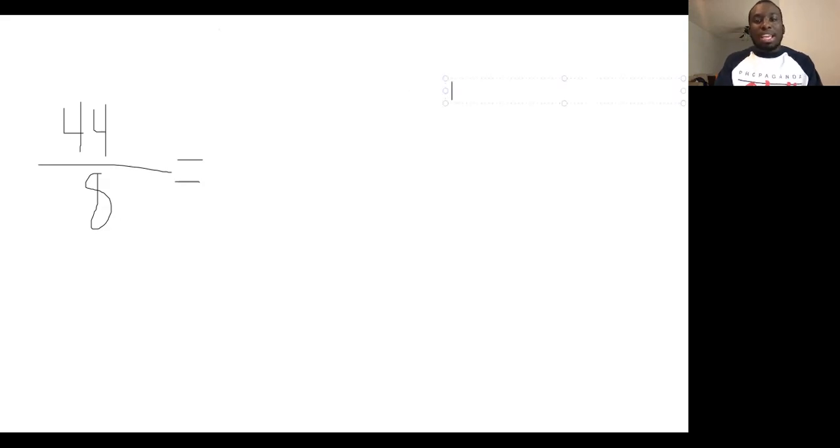So when I am thinking about fractions in this capacity, fractions let me know I'm going to be doing division. So first, I'm going to divide. I'm going to make my division house.